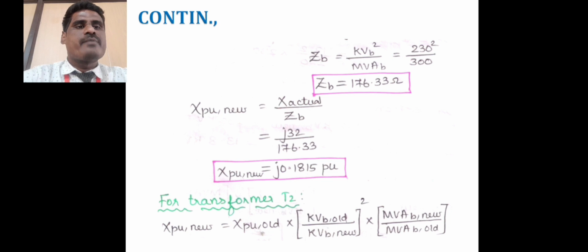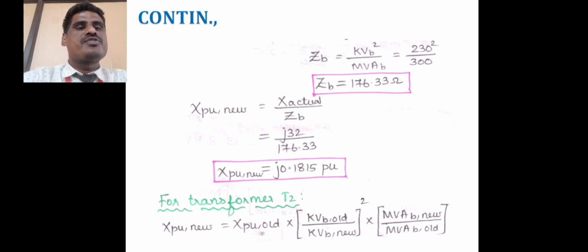So, directly I am going to calculate the base value. So, ZB equal to kVb whole square divided by MVAb. What is the value for kVb? 230 whole square divided by 300. So, Z base value equal to 176.33 ohm. So, this is the Z base value.